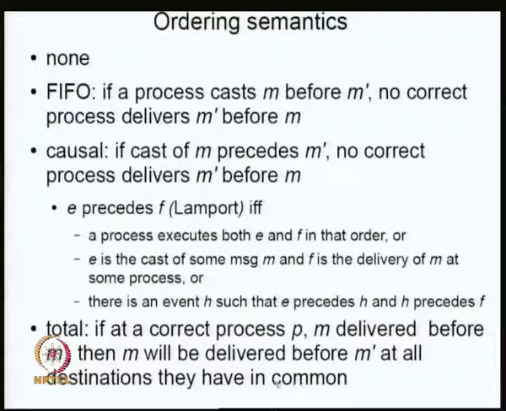So if M is delivered before M prime at a process P, then it should be so at all destinations. M should be delivered before M prime. This is the total order. It is a very strict and probably sometimes unnecessary restriction, but this is one model.